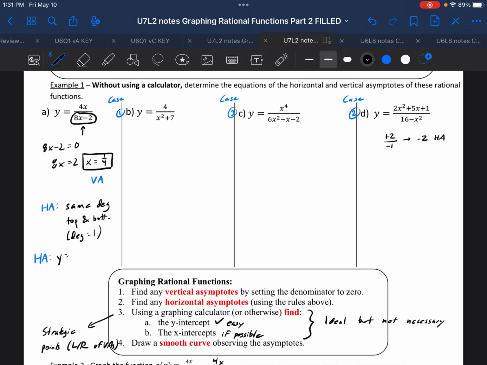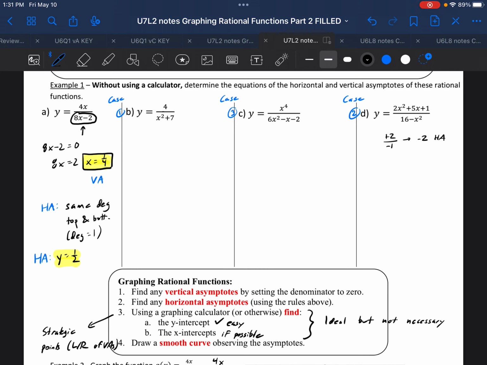So I take y equals, the coefficient of the top is 4, the coefficient of the bottom is 8, so y equals a half, right, is the horizontal asymptote. Okay?